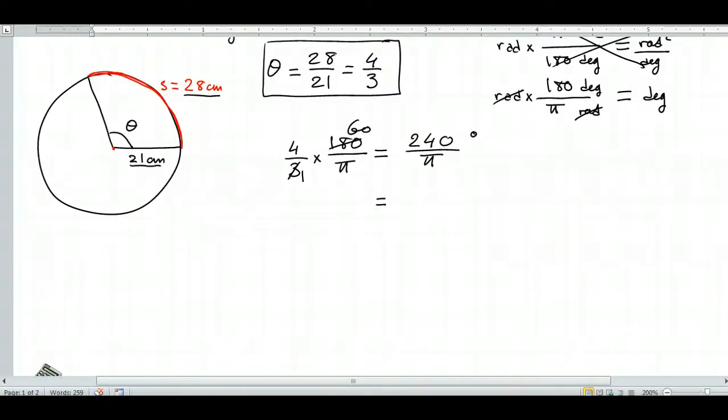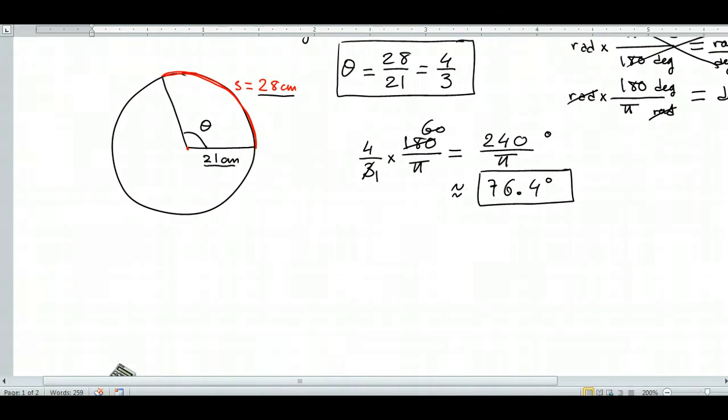Okay, so when I do that, let me put first of all an approximating equality. So it's about 76.4 degree. 76.4 degree, okay? And this is the measure of the angle in degree. Here we go.